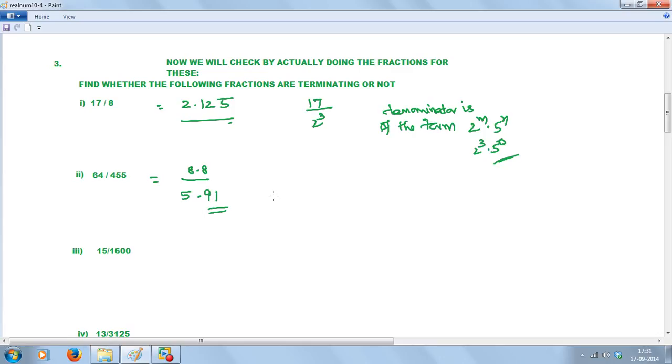So the denominator is not of the form either 2 to the power m or 5 to the power n. So therefore its decimal is not terminating.